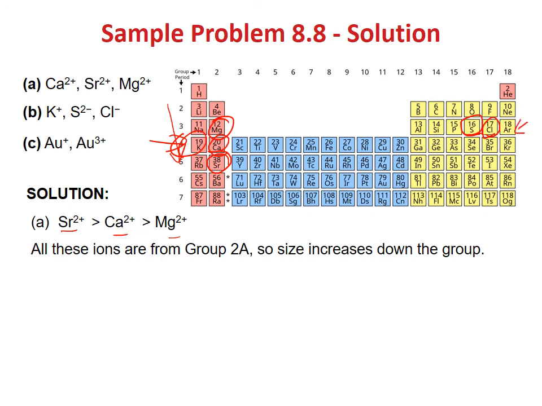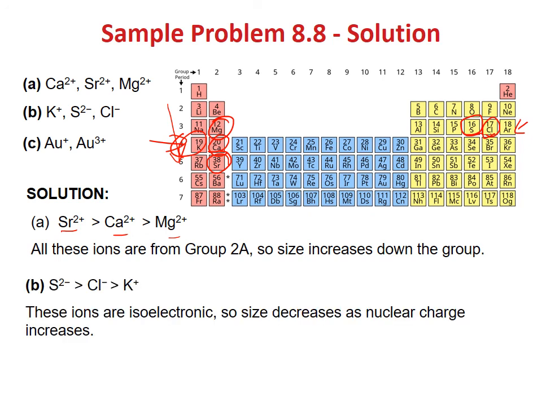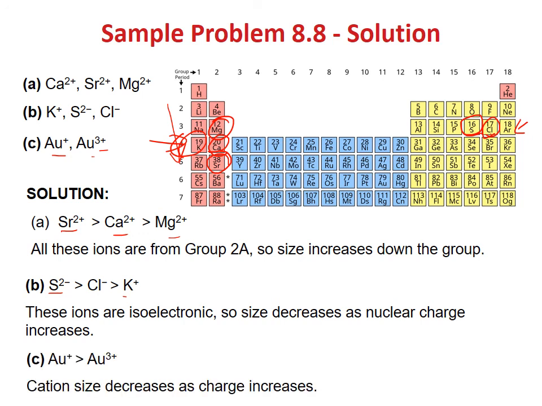So we know the size goes from sulfur to chloride to potassium to calcium. So here is the answer. All right. Next one, gold plus, gold 3+. The higher the charge for a cation, the smaller the size. And so gold 1+ is greater than gold 3+.